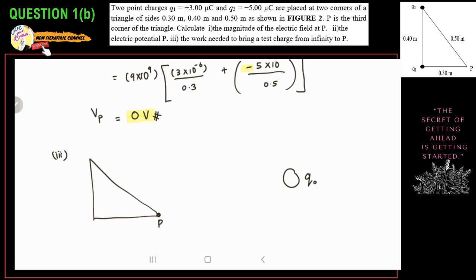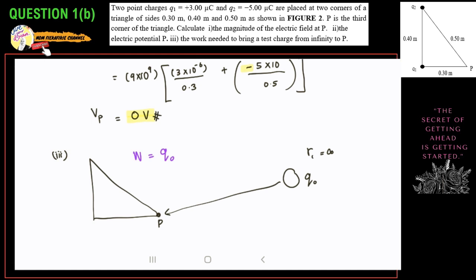So initial position of the test charge, I will put R1, which is equal to infinity. Lepas tu, we want to bring to point P. So what is the work needed to bring a test charge from infinity to point P? Means that W is equal to the test charge that we want to bring. Yang ni dia tak bagi tahu berapa kan. Kalau dia bagi tahu berapa, kena substitute dalam equation. Tapi kat sini dia ada trik.